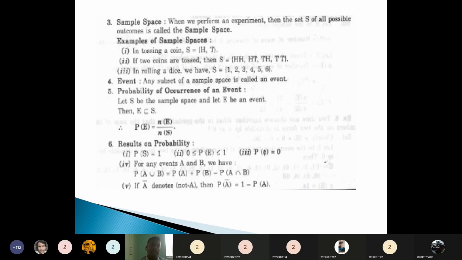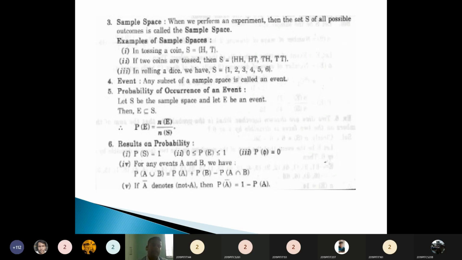If two events are happening, how do you apply the set theory concept in probability? Probability of A union B is equal to probability of A plus probability of B minus probability of A intersect B. If the two events have common sample points, then the probability of A union B equals P of A plus P of B minus P of A intersect B. P of A means favorable cases divided by the sample space.